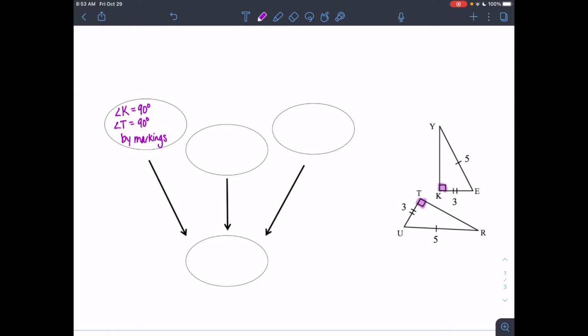Another way to say this is triangle, I guess I should say, YKE is a right triangle. And same could be said for triangle TRU.